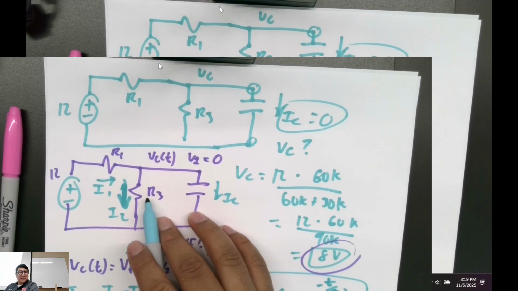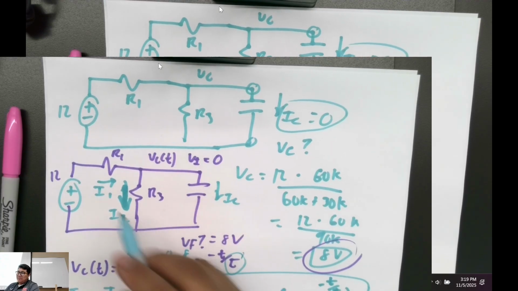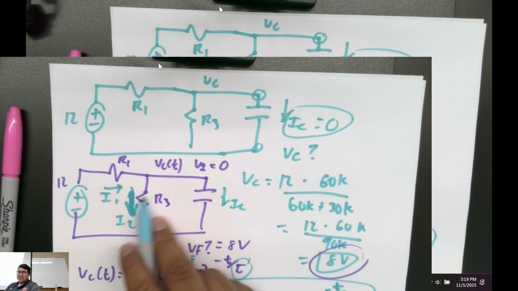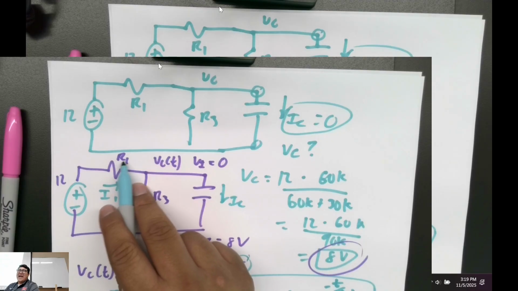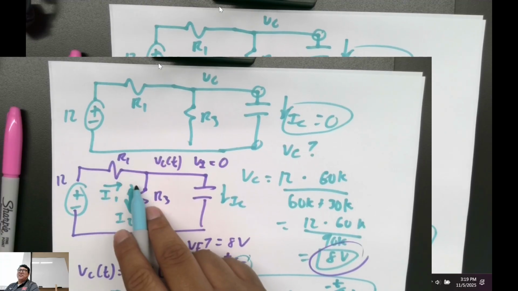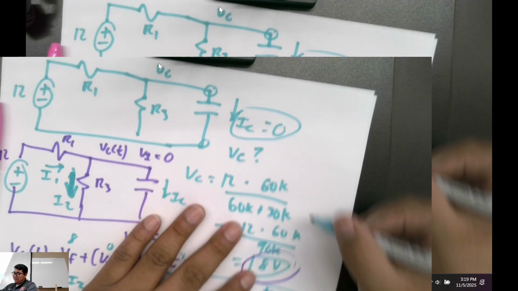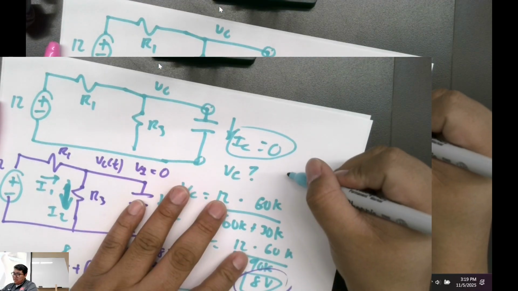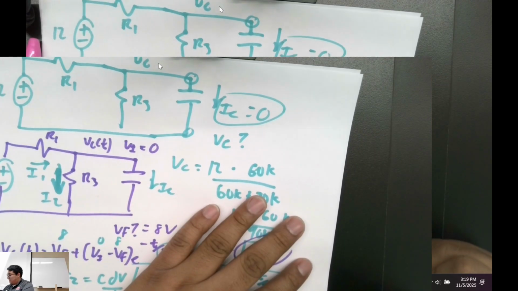Let's do our intuition. If this resistor right here was in series with R1, we would add a time constant, correct? But these are in parallel, right? So that means, do you think our total R... I'm going to do it on another piece of paper.